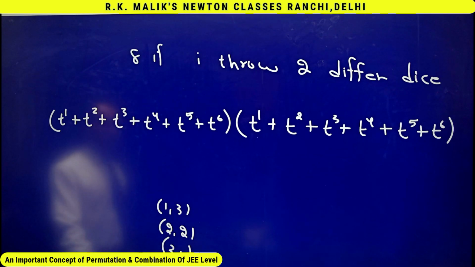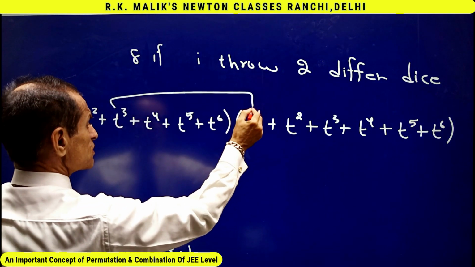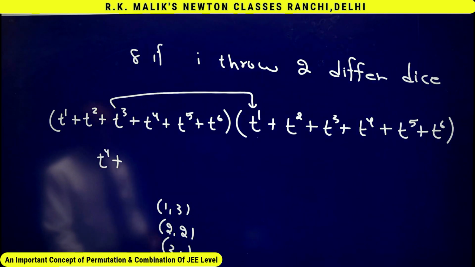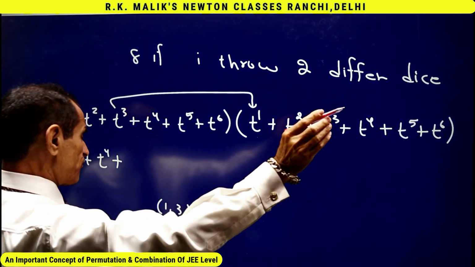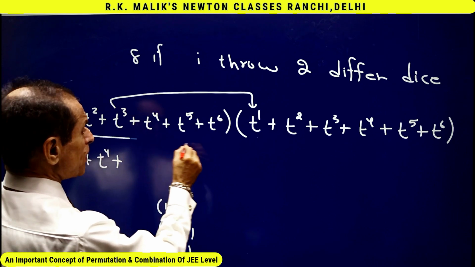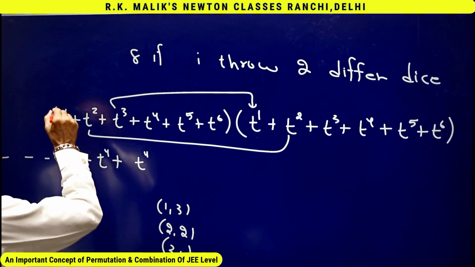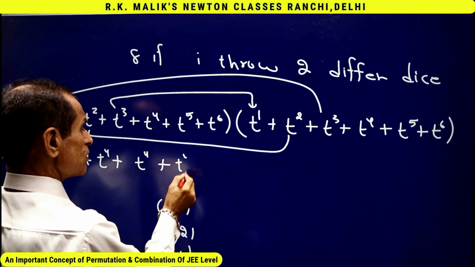You can see very easily when this term will be multiplied by this, t to the power 4 will come. There will be terms before also, there will be terms afterwards also. When this will be multiplied by this, again t to the power 4 will come. When this will be multiplied by this, again t to the power 4 will come.